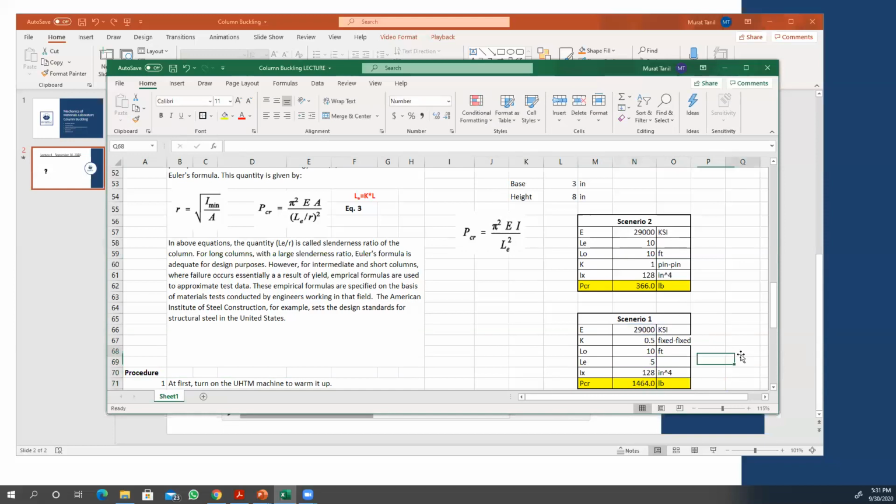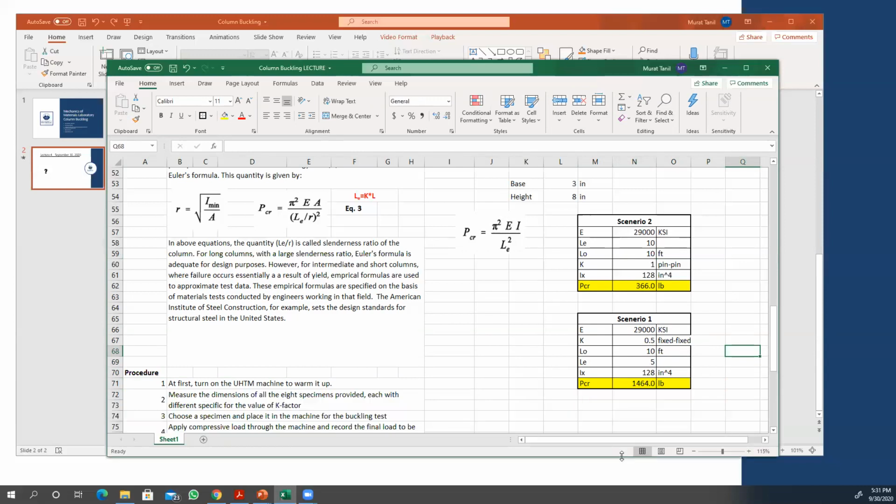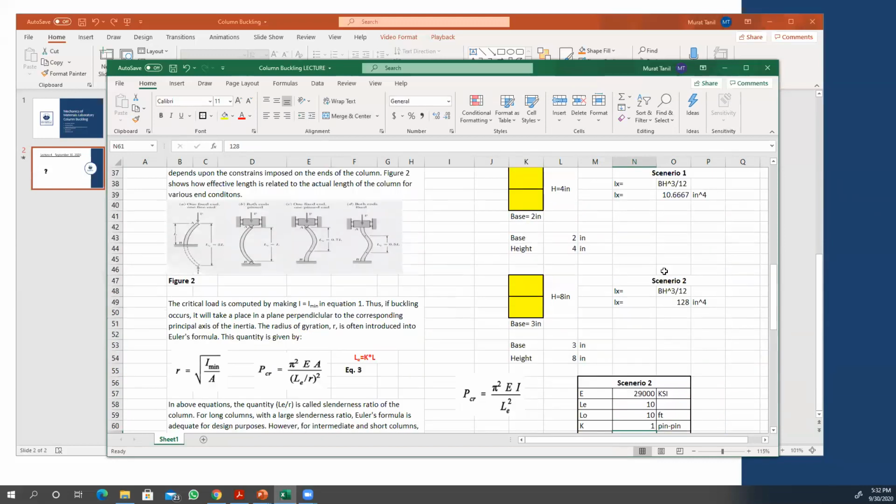Perfect. So which one is higher? Which one is higher capacity? Scenario 1 or scenario 2? I use the same material. I use the same dimensions for the column. They're both 10 foot long, right? And the moment of inertia is the same. I'm using this one.